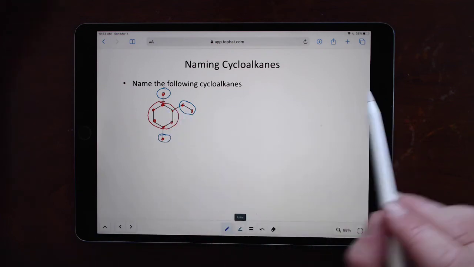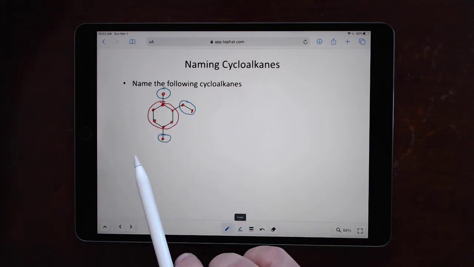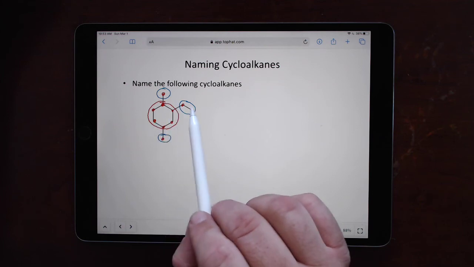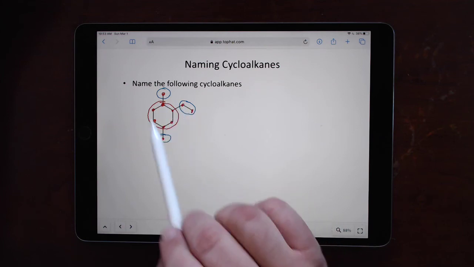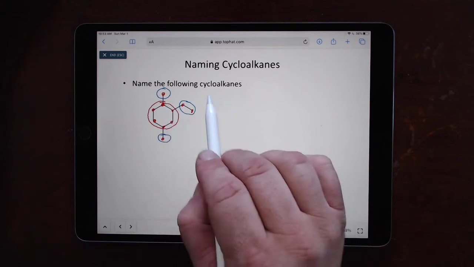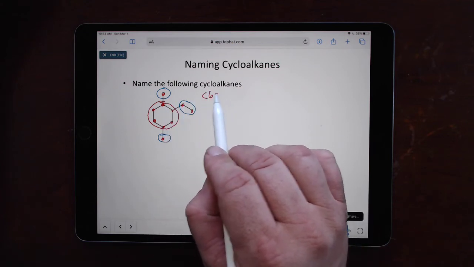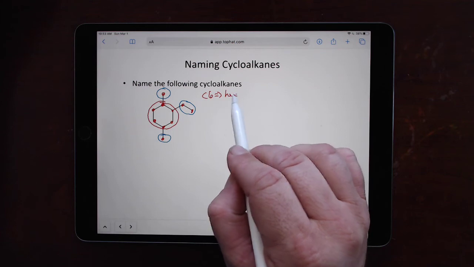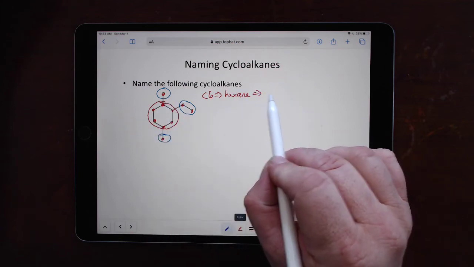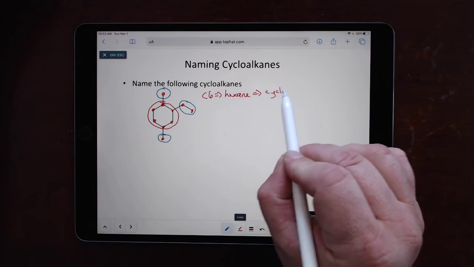You're either part of a straight chain or part of a ring. You cannot mix and match. The ring is 6 carbons and the longest chain here is 2, so the ring wins. So C6, which would normally be hexane, since it's a ring, the main chain is a cyclohexane.